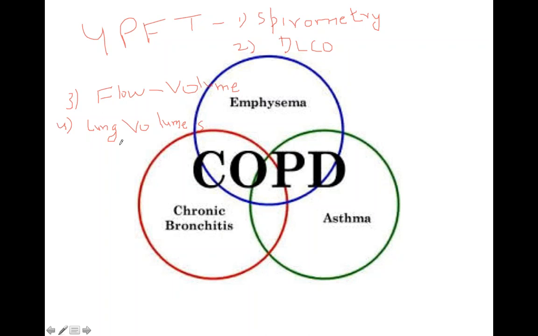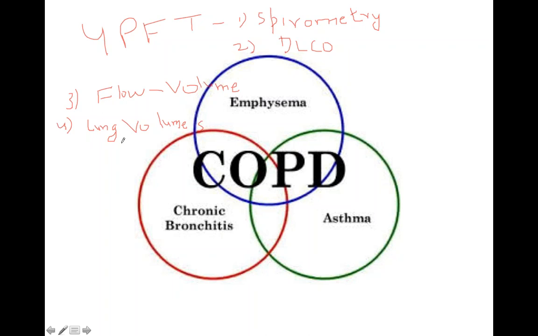But lung volumes help in confirming the findings on spirometry. Like if the patient has a total lung capacity less than 80%, that indicates restrictive lung disease. And if the patient has decreased vital capacity with increased residual volume, that indicates obstruction.